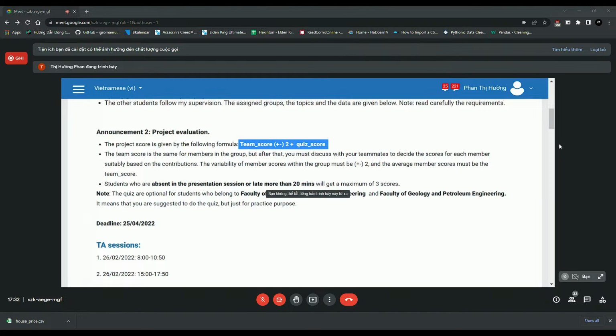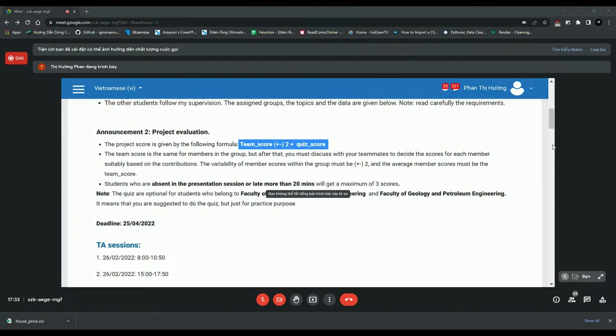Of course, I need the agreement of every member in your group, and you return to me the score for each member, with the rule that the score for each member can't differ by more than 2 points from the team score. And on average, the score of every member must exactly equal the team score I give you.